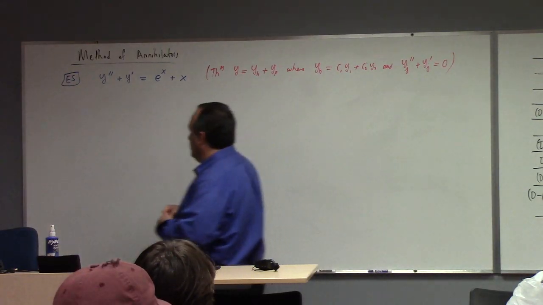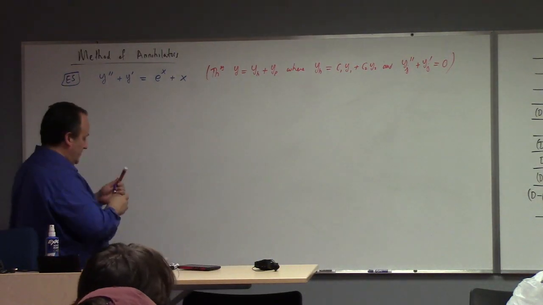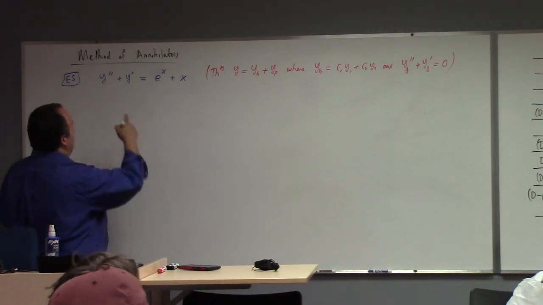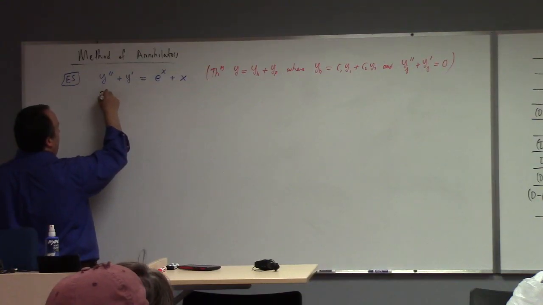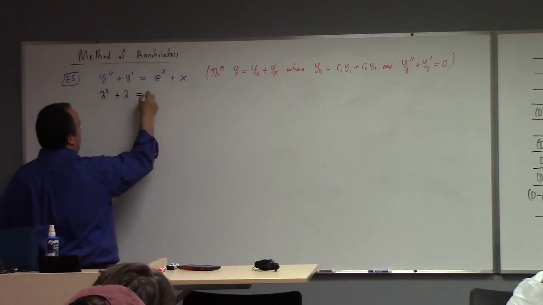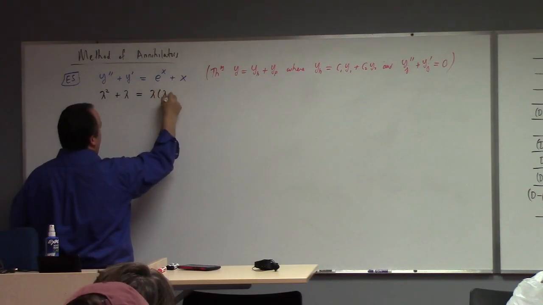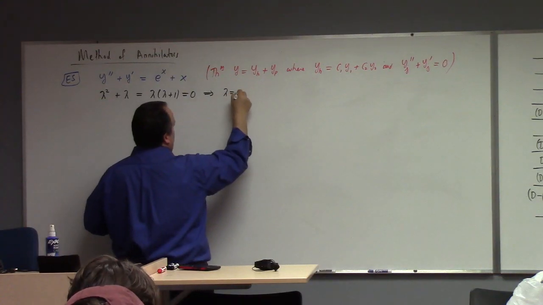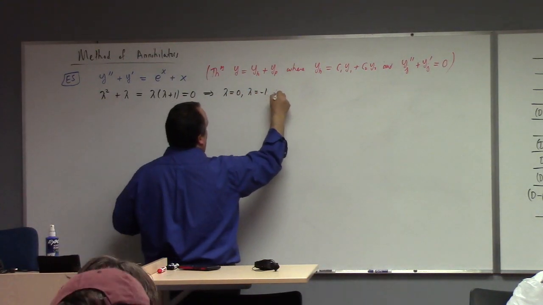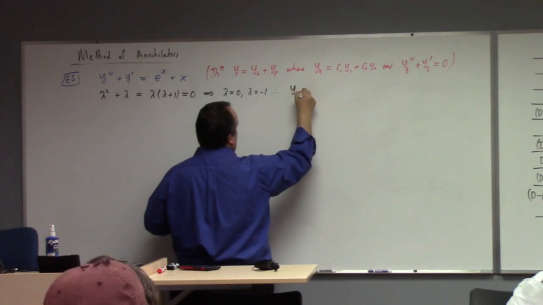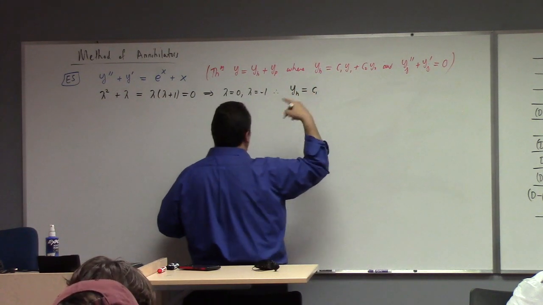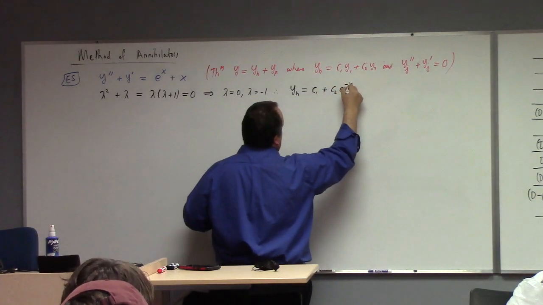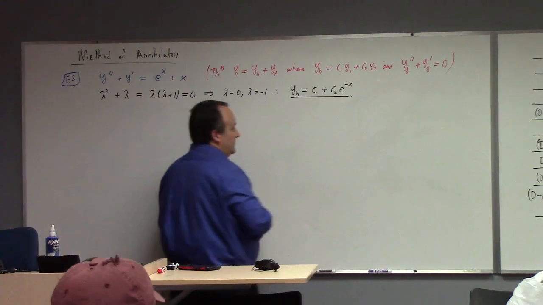We can figure out the homogeneous solution very simply using what we talked about last week. We write down the characteristic equation: lambda squared plus lambda, which is lambda times (lambda plus 1), set equal to 0. Lambda is either 0 or -1. My homogeneous solution has the form c1 e^0, which is just 1, plus c2 e^(-x). That's the form of my homogeneous solution.